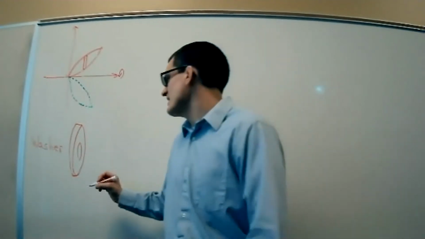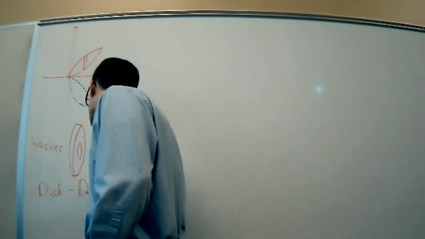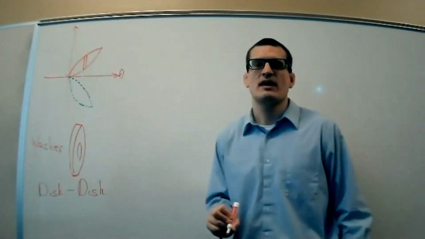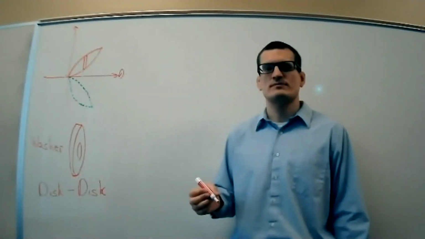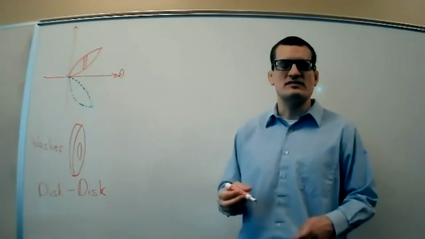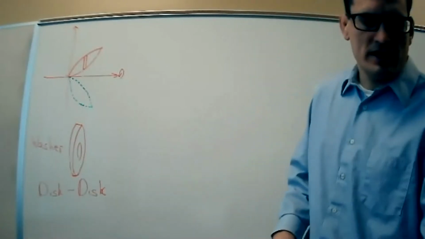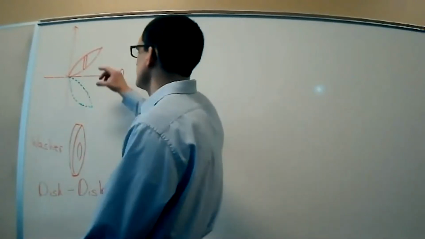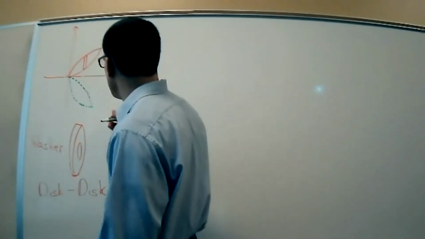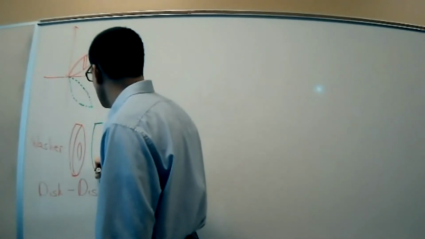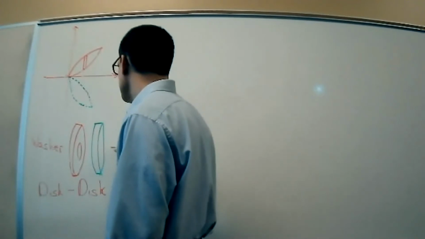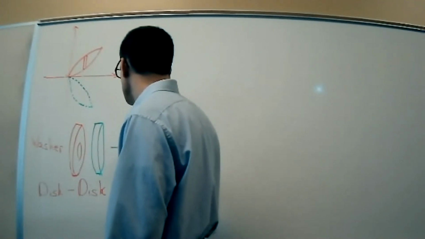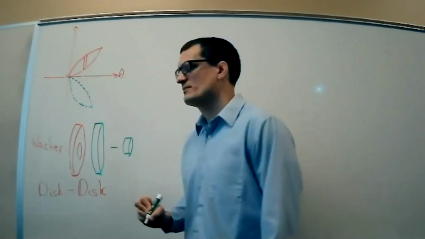So a washer is simply a disc minus another disc. And that's how we're going to treat it formula-wise. We're going to say, well, let's pretend we want this washer. How I can do that is I can find the volume of the bigger disc and then subtract out the volume of the smaller disc.